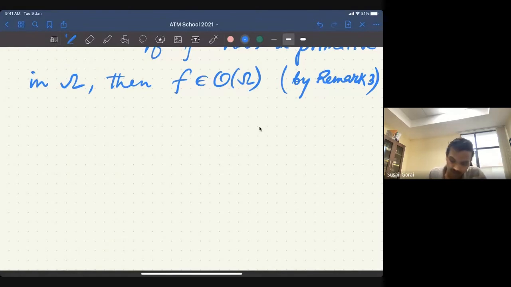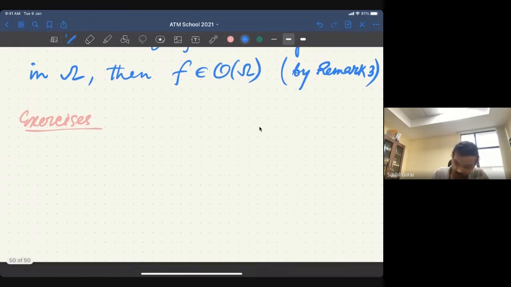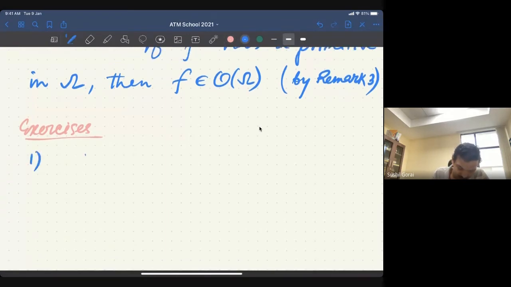All right. Next, I should give you a few exercises, since I could not send the tutorial part. So a few exercises using Cauchy's theorem. One, compute this integral.